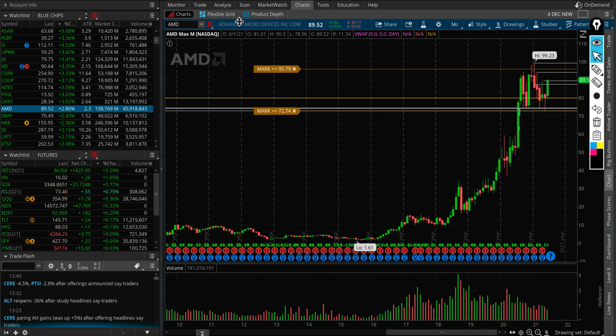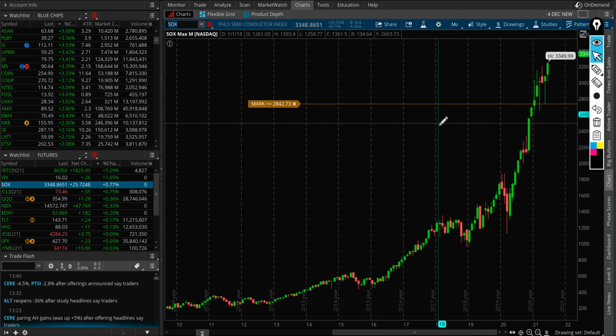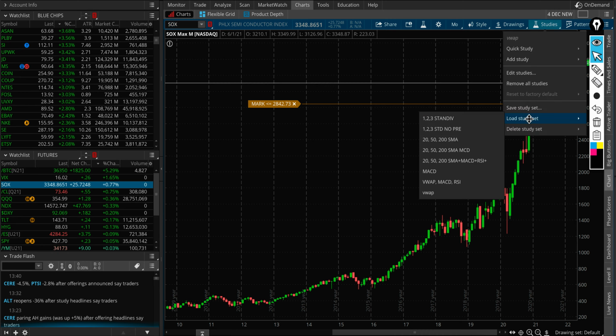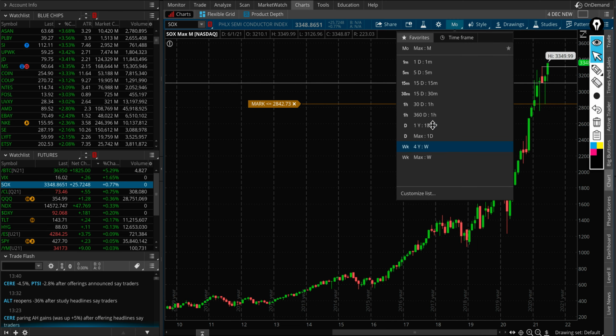Okay, so now from here, one more thing I wanted to look at before we take a look at the option market is the semiconductor index, which is SOX. That's what I use. This is an ETF, and it has been making a new high. Let me switch to the 1 day time frame.